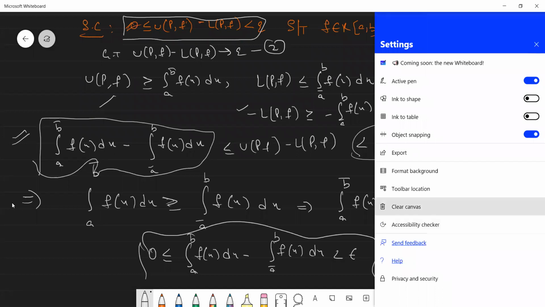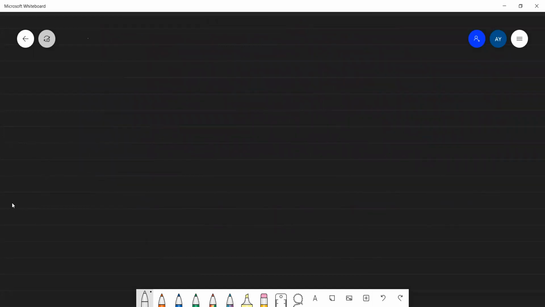Now, what do we know? Epsilon is greater than 0. Obviously epsilon is a small positive number. I'm just taking minus epsilon. Minus epsilon will be less than 0 because it is a negative number. So instead of 0, I'm just putting minus epsilon.